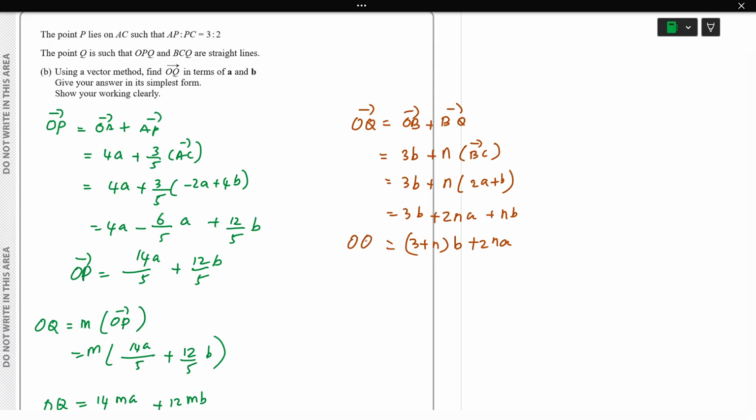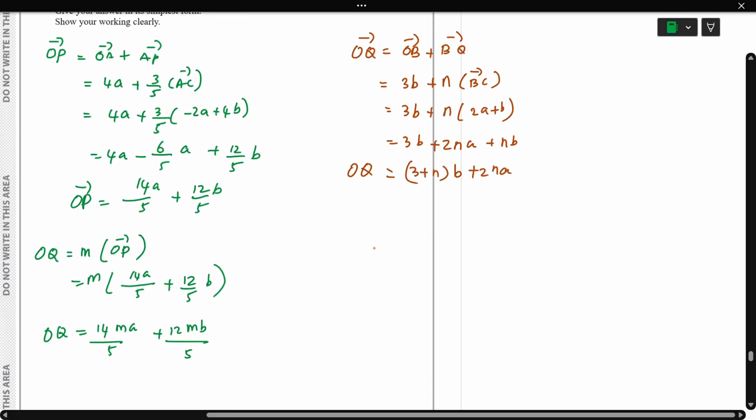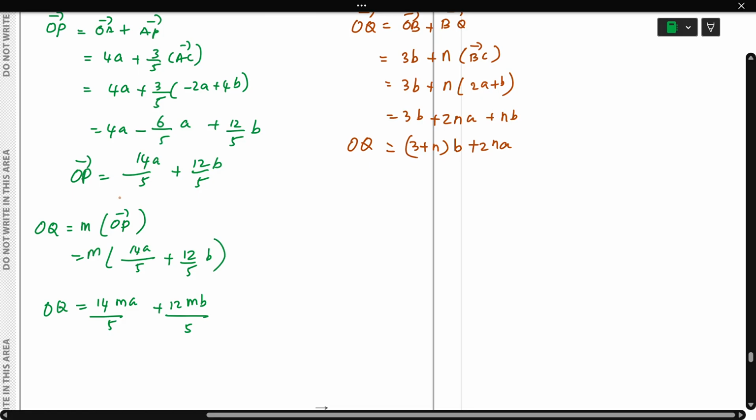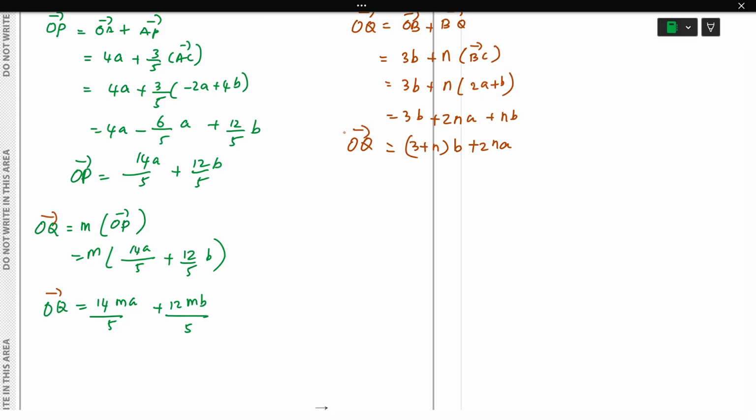So this is also OQ. We have two OQs. Here is one OQ and here is another OQ, so I'm equating both the OQs. The left side, 14MA over 5 plus 12MB over 5, equals (3 plus N) times B plus 2NA.